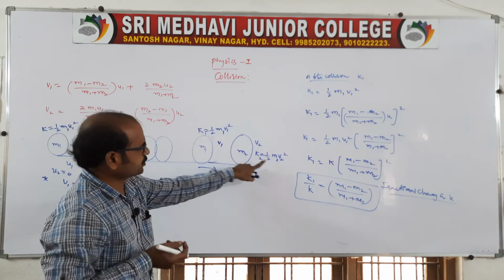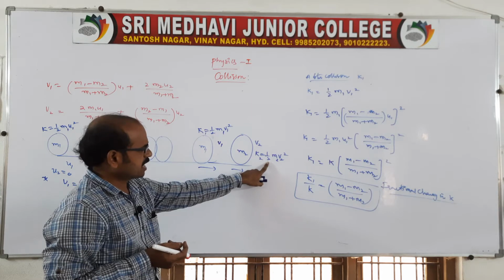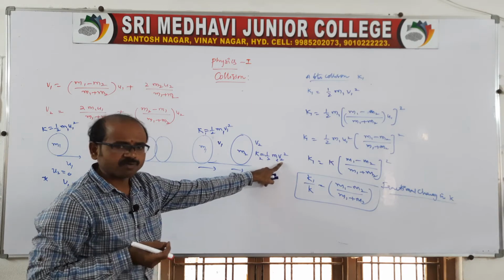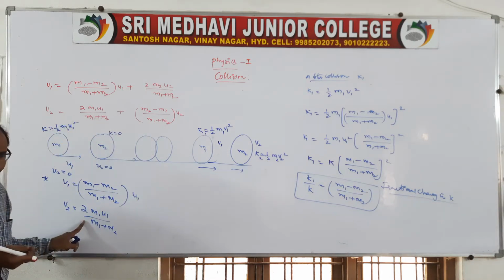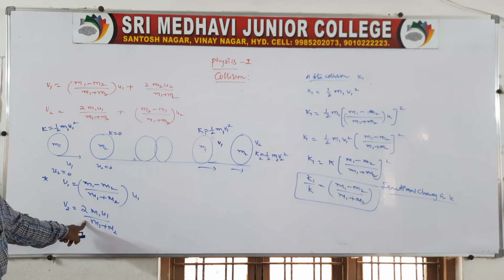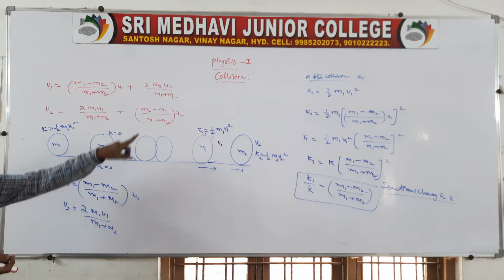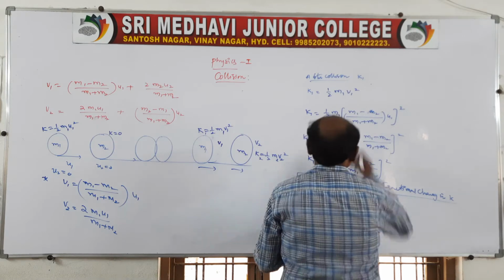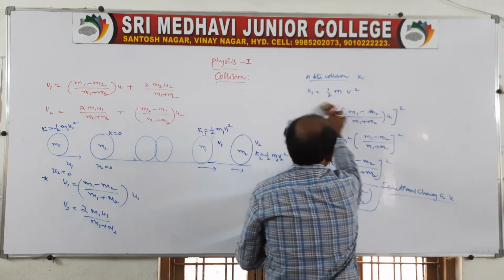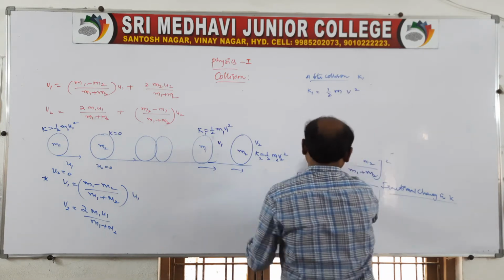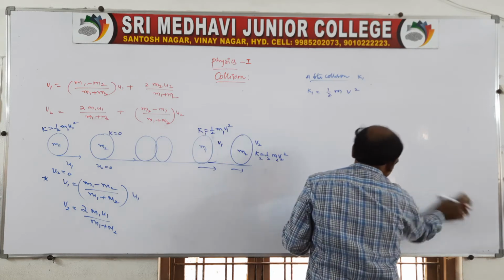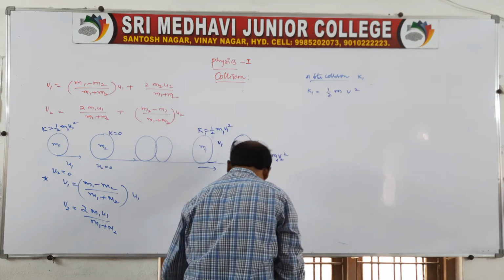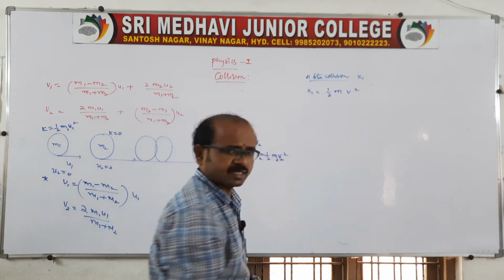In the same way, K2 is nothing but half m2 v2 square. We know v2. What is v2 here? 2 m1 u1 by (m1 plus m2), right? You write the expression here instead, you change like this. Here you take it like this. Because in case of an elastic collision, it obeys both momentum and kinetic energy, right?